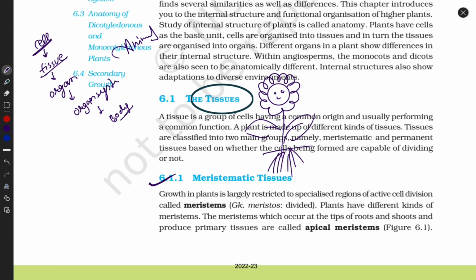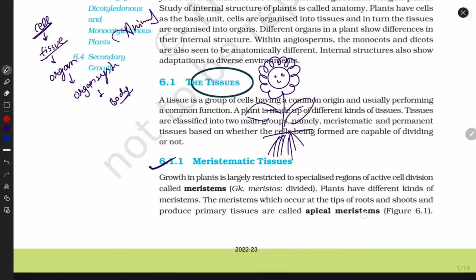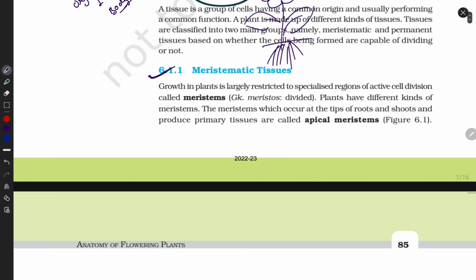Let's start with meristematic tissues. According to their name, what are they responsible for? They are mainly responsible for cell division. Remember this thing.